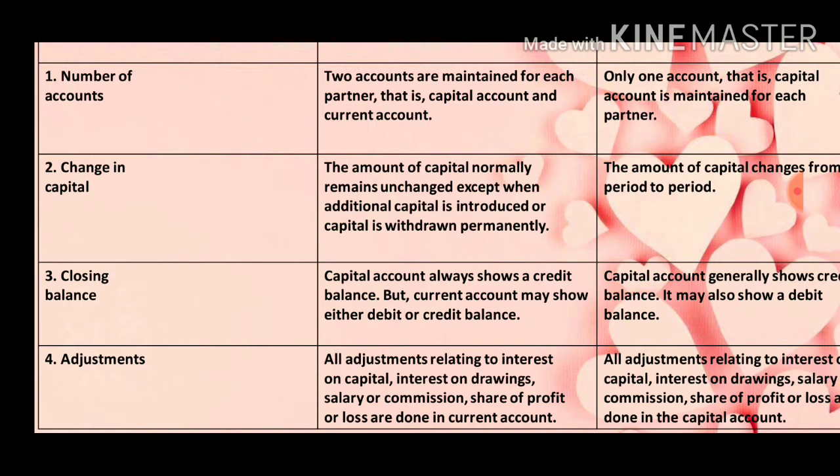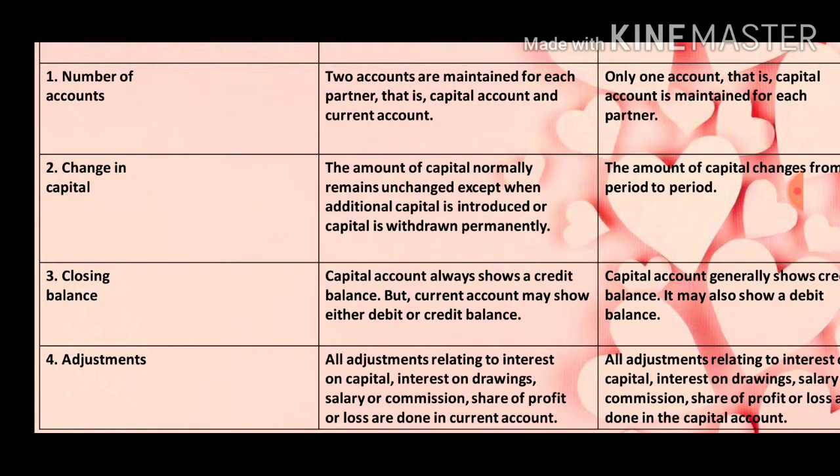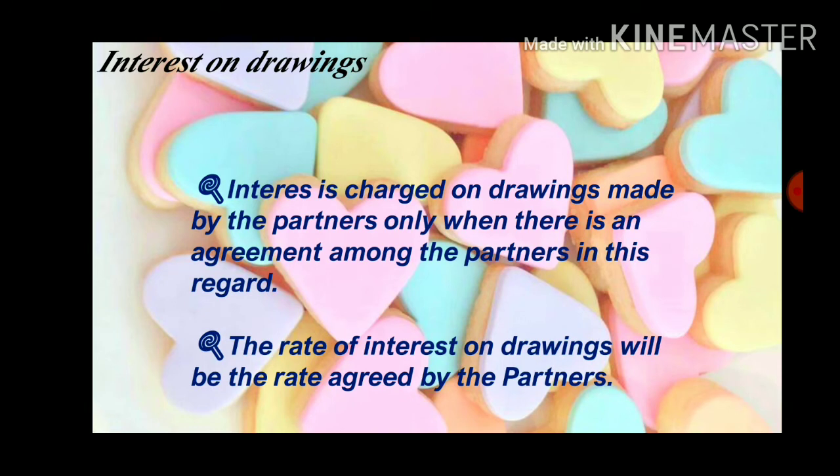But in the fluctuating capital method, all these adjustments are done in the capital account. These are the differences between the fixed capital and fluctuating capital methods. It's a very important question.